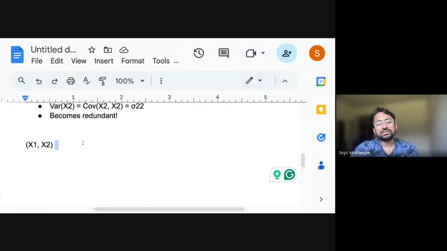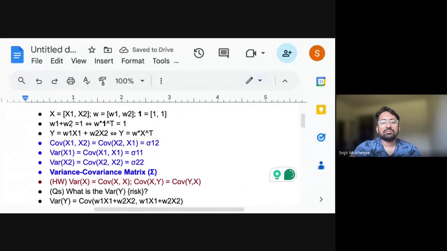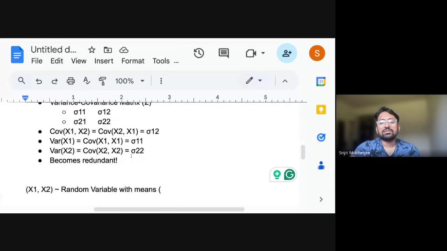So x1, x2 is some random variable with means, you can say, we didn't write the mean. Let's say we have to write the mean. So let's write it.